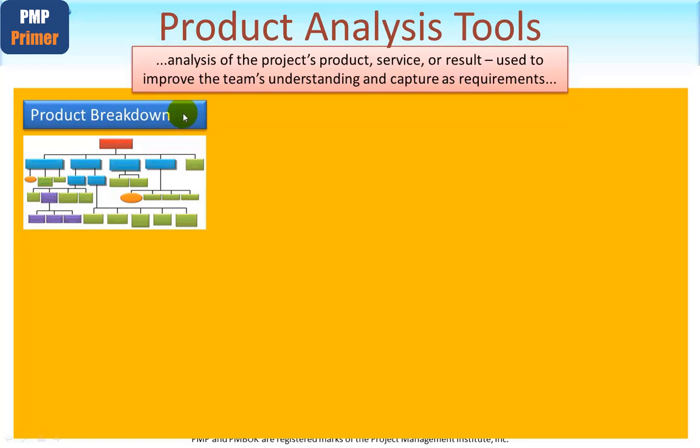Here it looks a little like a work breakdown structure, but each of these boxes are products as you break it down into lower and lower level detail. Imagine, if you will, a family car being split into the chassis, the body, the engine, the gearbox, the brakes, and so on and so forth, and gradually coming right down to the lowest level detail where you're talking about the inner tube of a tyre, for example.